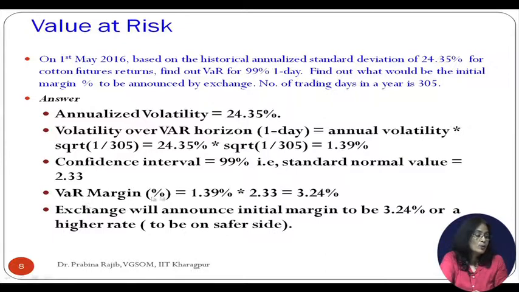Now the VAR margin will be 1.39% into 2.33, that comes to 3.24%. So the exchange can announce the initial margin to be 3.24% or rather higher, maybe 3.5%, depending upon how much margin of safety the exchange would like to keep with itself.